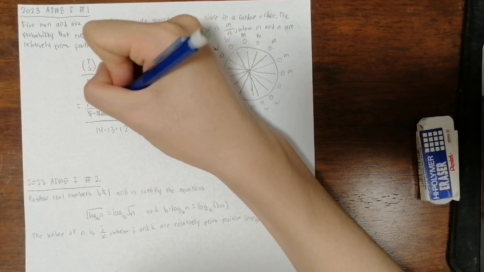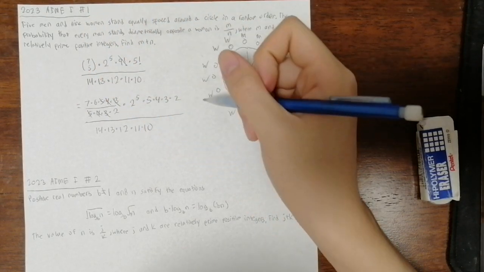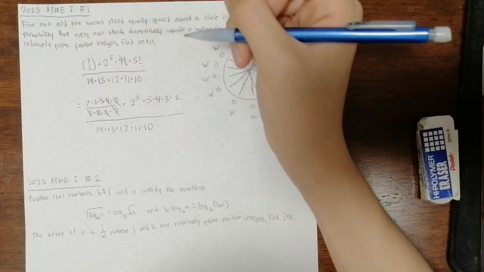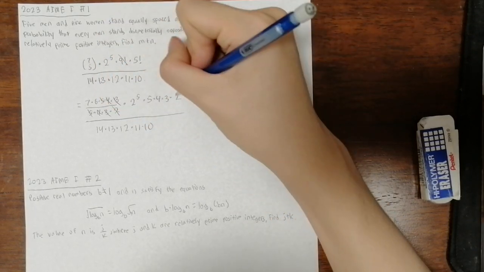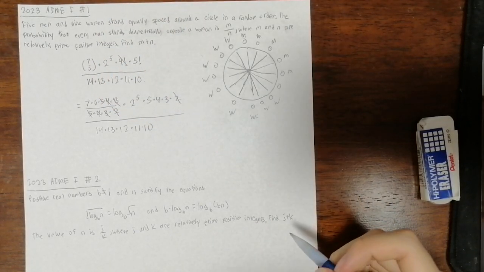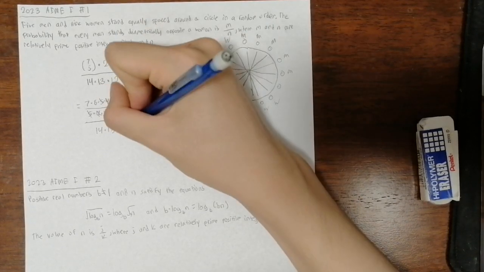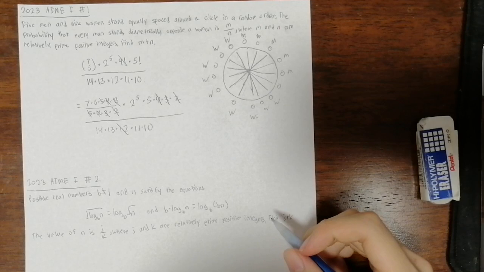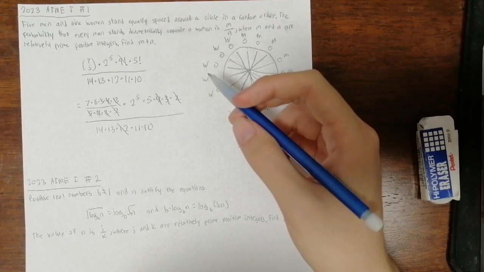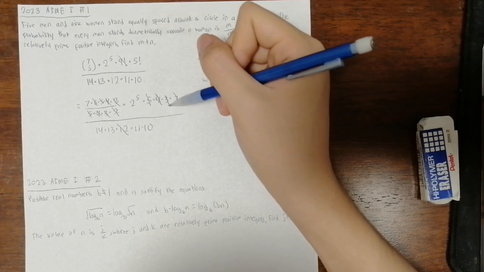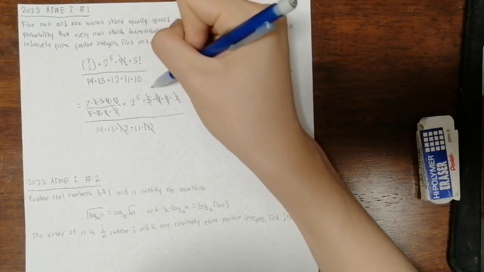So these will cancel out, and this will also cancel out with this. Let's say 3 and 4 cancel out the 12, and 6 and 5 cancel out the 10, and we're left with the 3 on top.